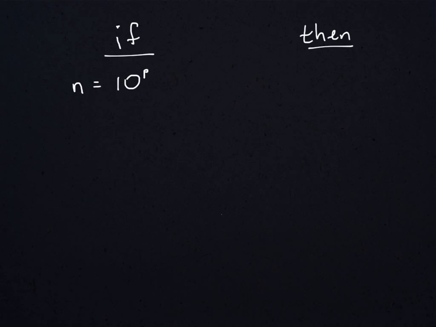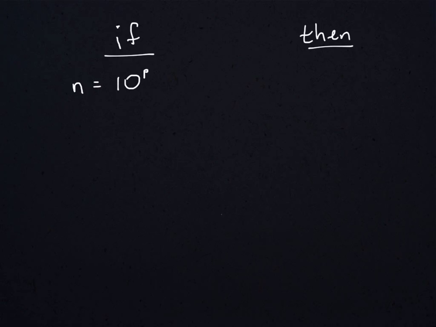You would agree, right? If p is equal to 2, so 10 to the second, N would be 100. Or if p is equal to 3, we'll call that the power, so if 10 is raised to the 3rd power, then N would be equal to 1,000.